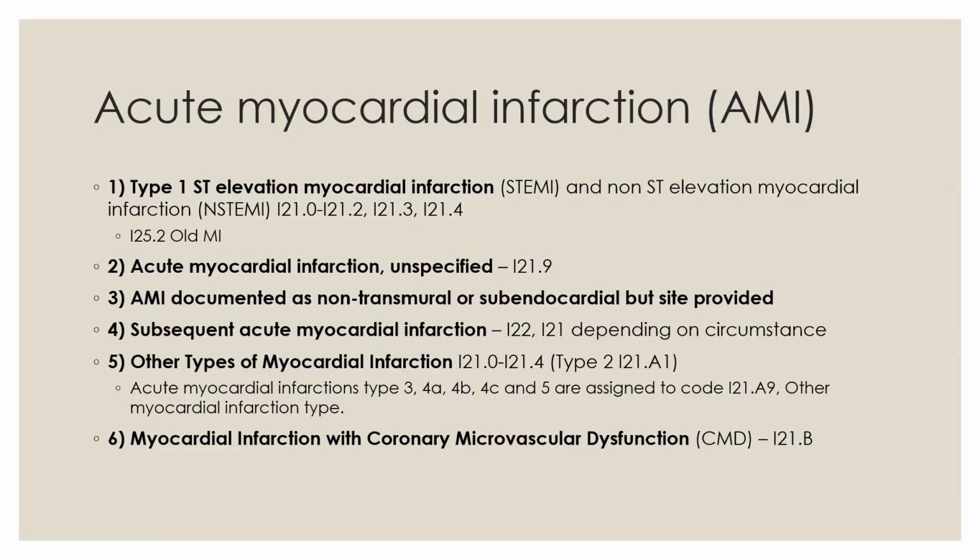If a type 1 STEMI converts to an NSTEMI due to thrombolytic therapy, it is still coded as a STEMI. So the point to make here is that no matter if the NSTEMI converts to a STEMI or a STEMI converts to an NSTEMI, the STEMI code will always outweigh the NSTEMI code.